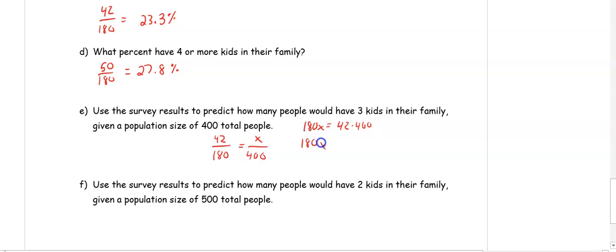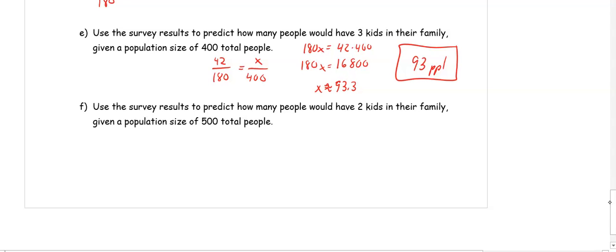So 180x equal to 16,800. When we divide by 180, we get x is about 93.3. Remember, we always have to round down, so it'd be 93 people. We're always rounding down for population.